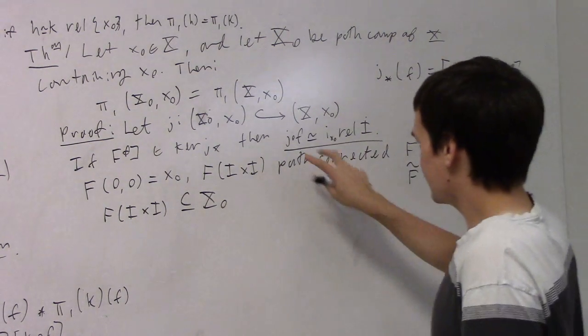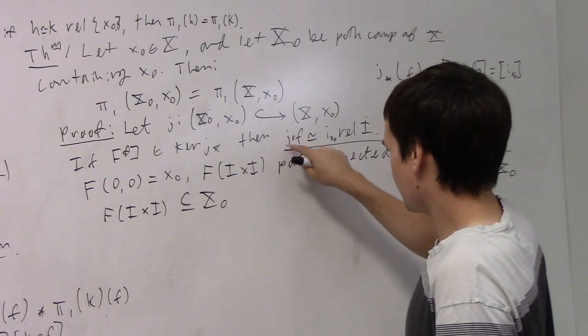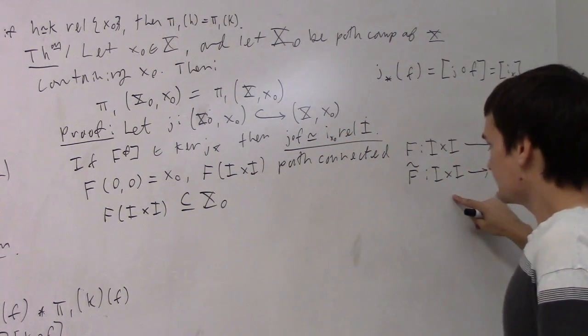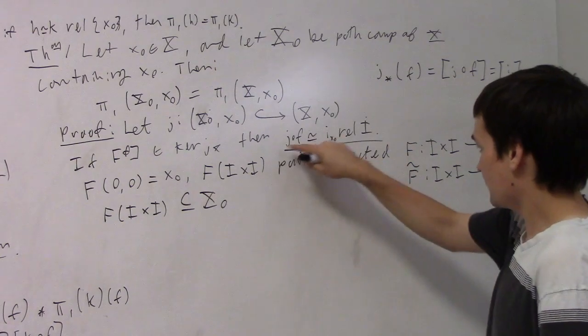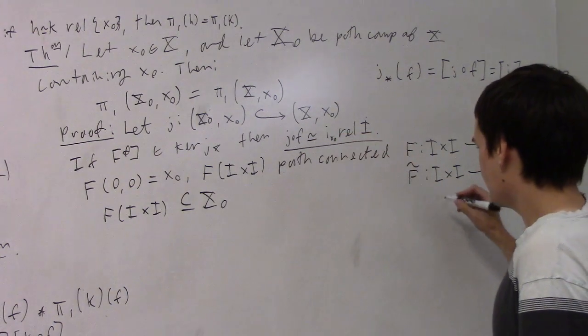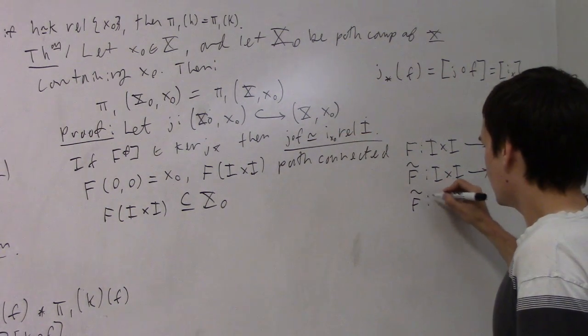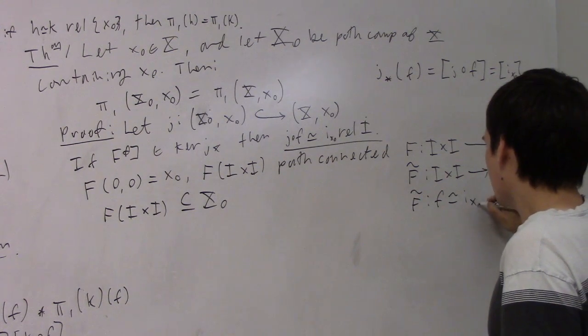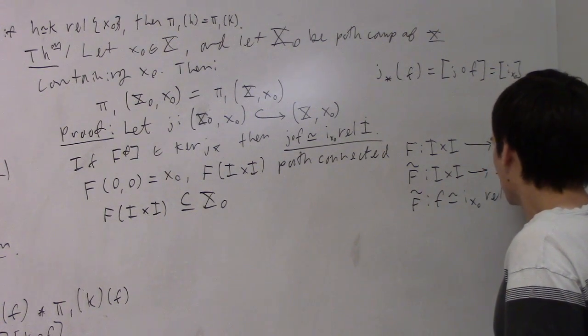And because this is just the inclusion of f, instead of being a homotopy of the inclusion of f to the constant map, it's just a homotopy of f with the constant map at x naught, rel I.